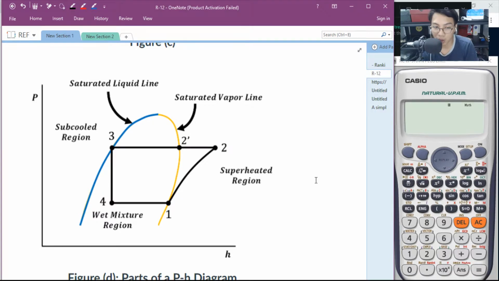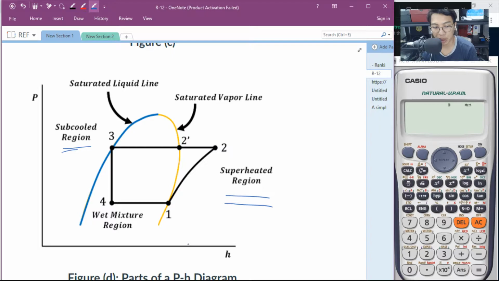Now, going to your right, tignan nyo, yung yellow dito, that is beyond that is a superheated region. Okay? Yung superheated region na yon, nandun nakikita natin yung commonly, the superheated vapor. Okay. Now, when a point lies on that line, ibig sabihin, that is a saturated vapor. Yun yung phase ng iyong fluid.